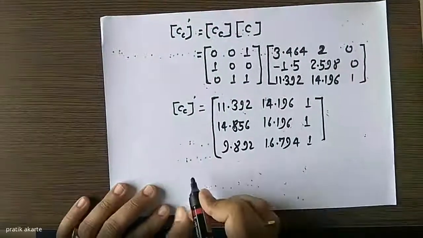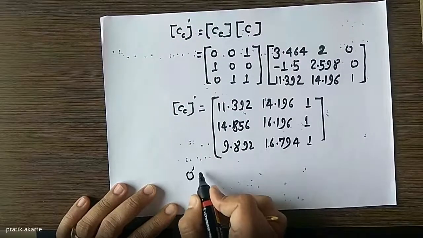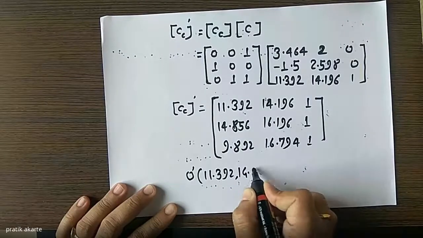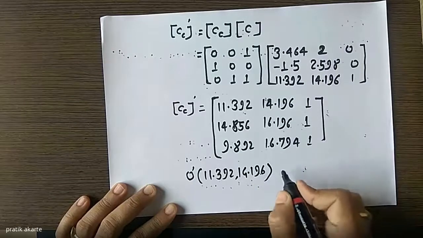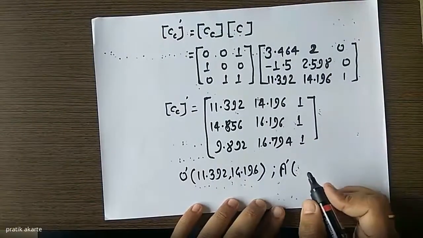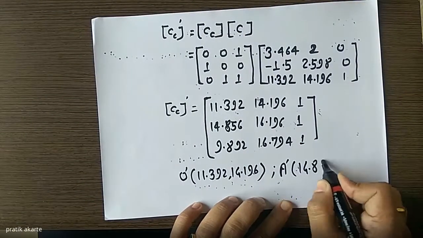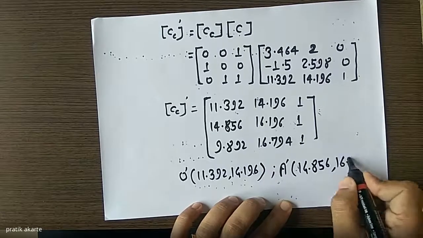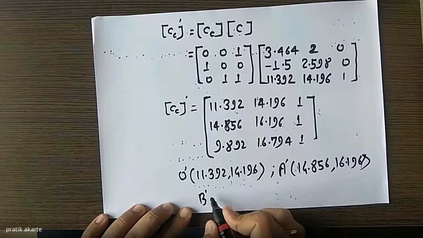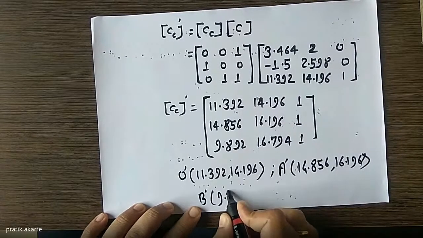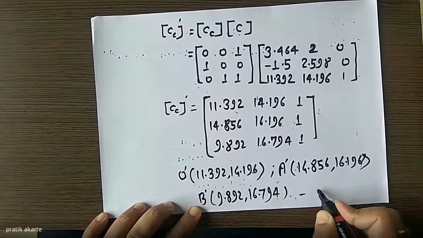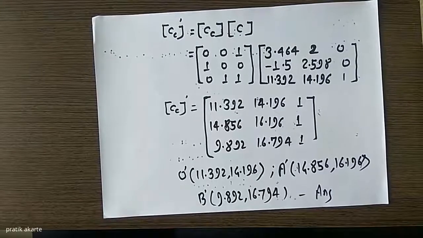So the new coordinates will be: your origin will be shifted to 11.392, 14.196. Your A point, which was previously 1, 0, is shifted to 14.856, 16.196, and your B point, which was previously at 0, 1, is shifted to 9.892 and 16.794. So this is your answer for the problem.